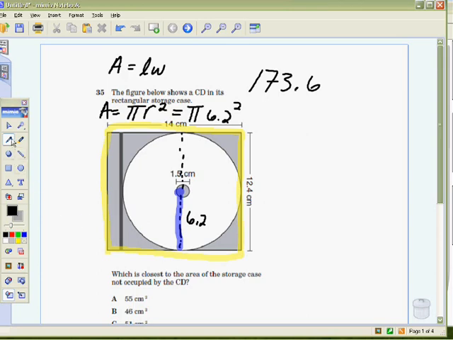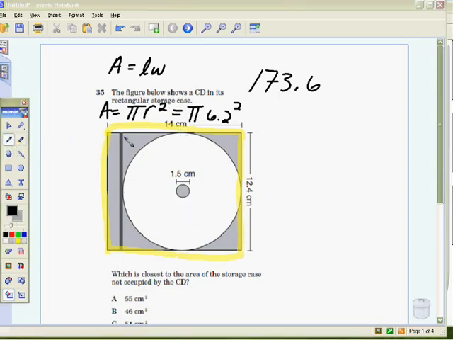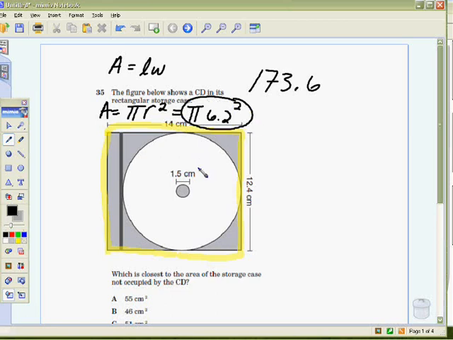Now I also need to consider this middle circle here, the small little circle here in the middle. Now I've found the area of the big part, and I'm about to find the area of my big circle. Now I'm going to subtract out that area of that big circle, but I need to add back in that area of that little circle there.